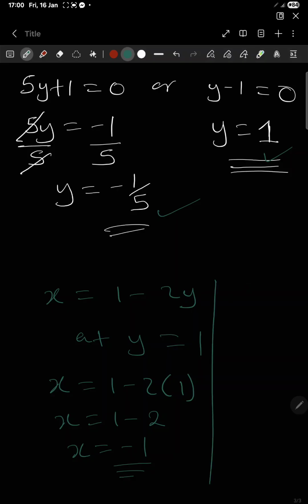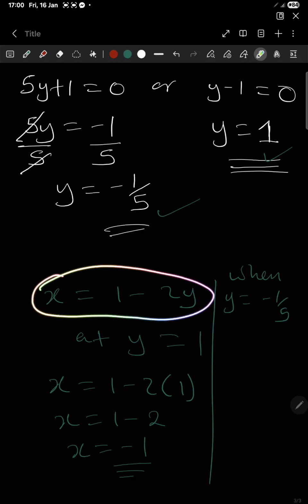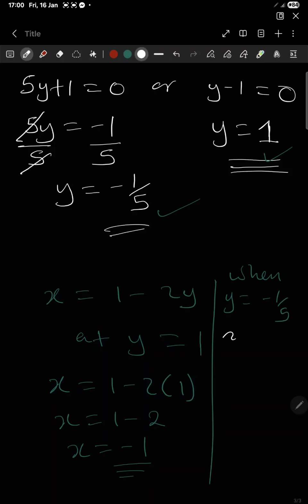Now we can also say when y is equal to -1 over 5. So we're now replacing to get the value of x on this equation when y is this value there. So x is equal to 1 minus 2, where there is y, we are putting -1 over 5.